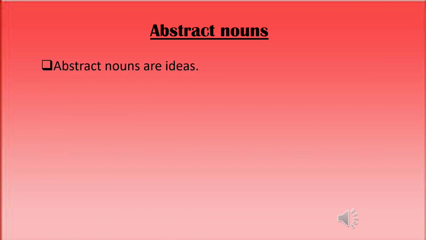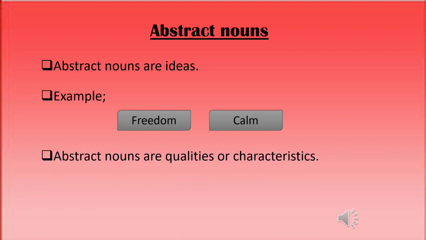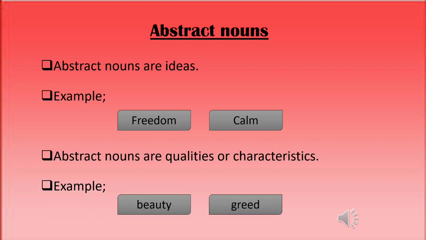Abstract nouns are ideas. For example, freedom, calm. Abstract nouns are qualities or characteristics. For example, beauty, greed. So I hope now you have understood the difference between concrete and abstract noun.